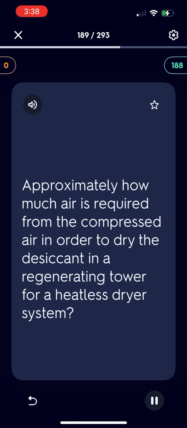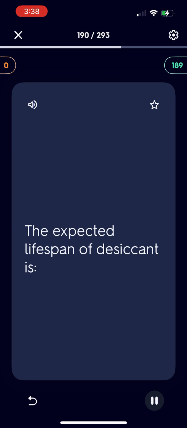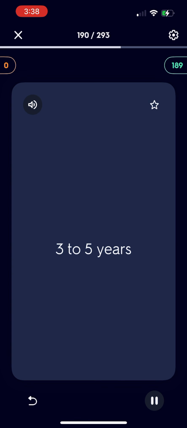Approximately how much air is required from the compressed air in order to dry the desiccant in a regenerating tower for a heatless dryer system? 15 to 18%. The expected lifespan of desiccant is 3 to 5 years.